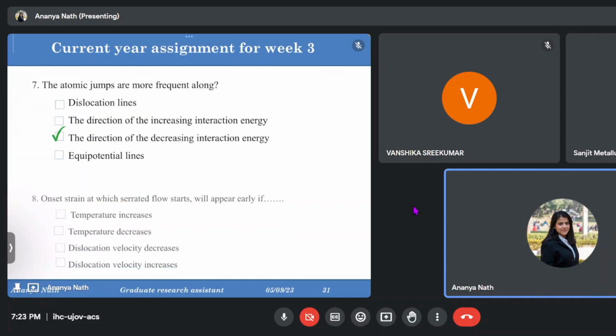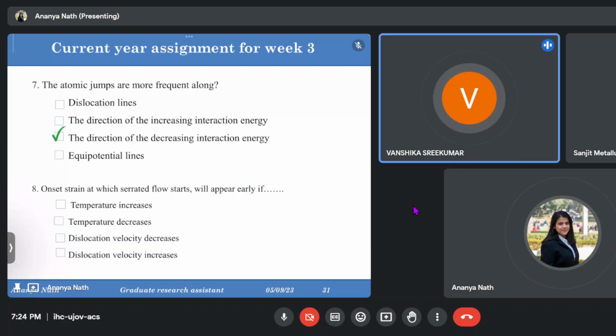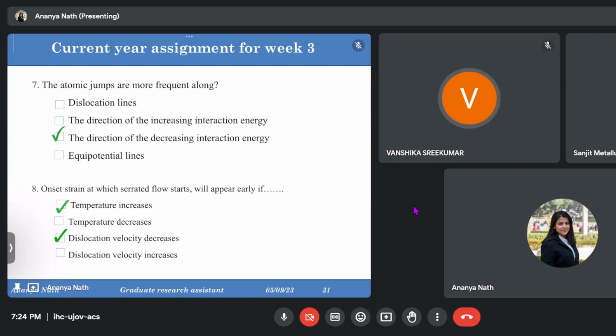The onset strain at which serrated flow starts will appear early if temperature increases and dislocation velocity decreases. Yes.